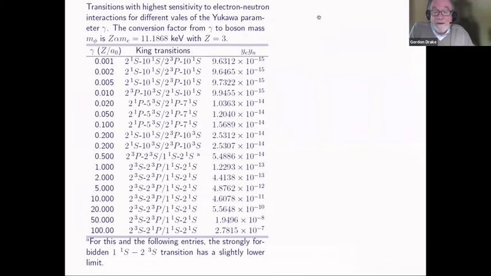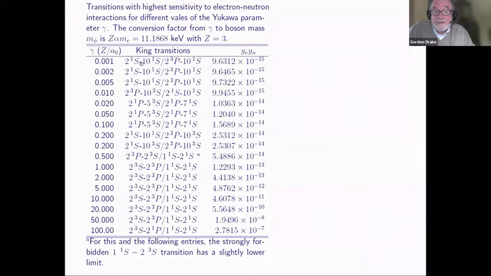So these are the most sensitive transitions. Gamma is the parameter controlling the range of the Yukawa potential, and the conversion factor is if you multiply this by 11 keV, that takes you to the corresponding mass.